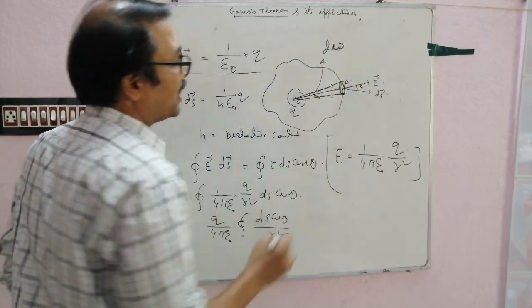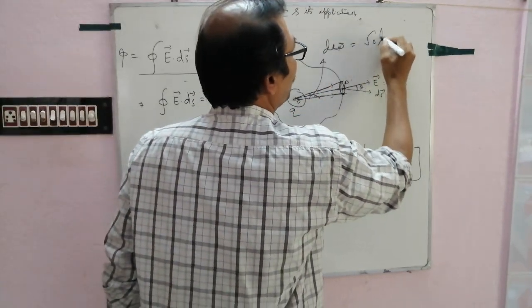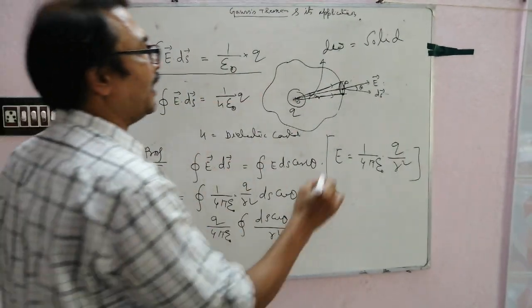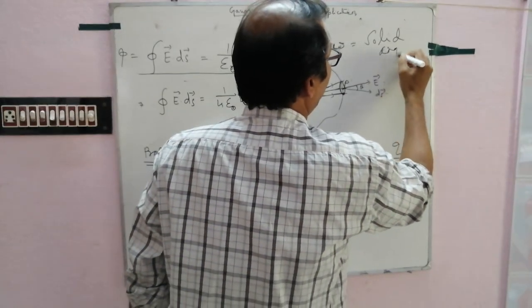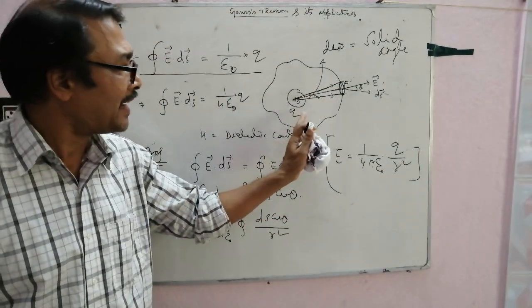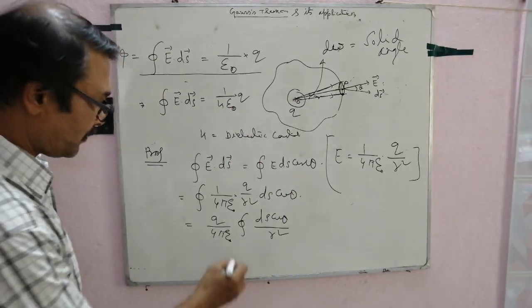We express it d omega. This is solid angle. You know the steradian is the unit of solid angle. So d omega is the solid angle at the center O subtended by the area ds.